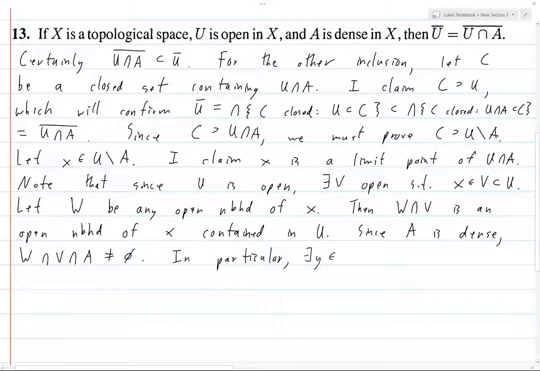There is some Y which is contained in W intersect V intersect A. Okay, but the other thing that I'm thinking of right now is, how do we know that Y is not equal to X? Because that's important here. Well, we know for sure that there is some Y in W intersect V intersect A.